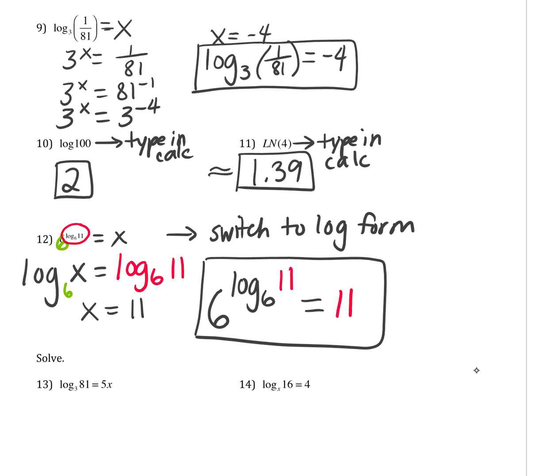So you actually could probably skip this middle part right here and go right to this final answer. Notice I highlighted in red. The standout number is 11. The base 6 is the same for the exponent and the logarithm that's up in the exponent. So the other number is going to be your answer for that.